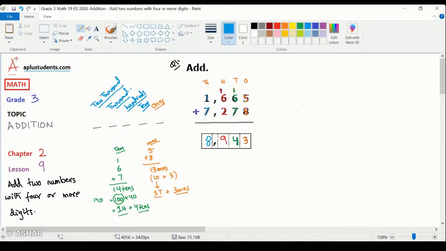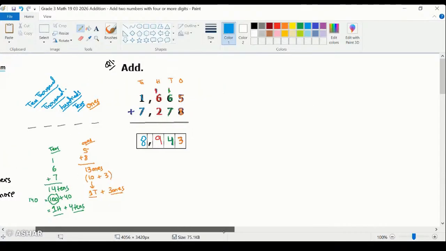Okay. So let's do the next question. This question is only till the thousands. For the next question, they are saying add a 4-digit number to a 3-digit number.